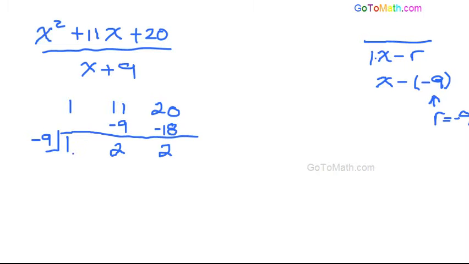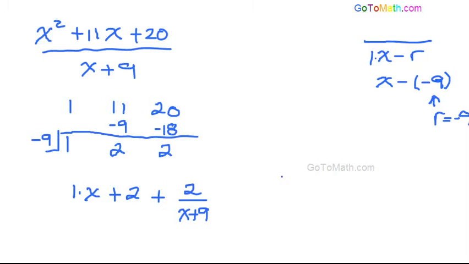Okay, so now this last number is going to be the remainder. So we're going to have 1x plus 2, and then plus 2 over, this is going to be our x minus r, and in this particular case it'll be x plus 9. X plus 9, you see that?